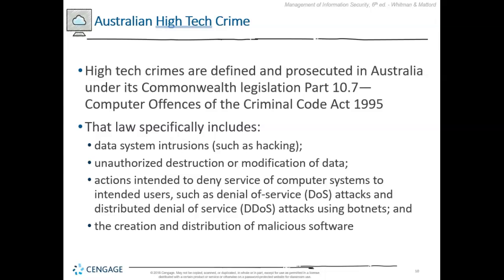So we look at this law as sort of a model law when you're looking at many of the things that hackers or people who are looking to disrupt your network through the internet might in fact use, those techniques that they might use. And again, this came out in 1995, so it was really forward thinking in how to protect computer systems against attacks across the internet.